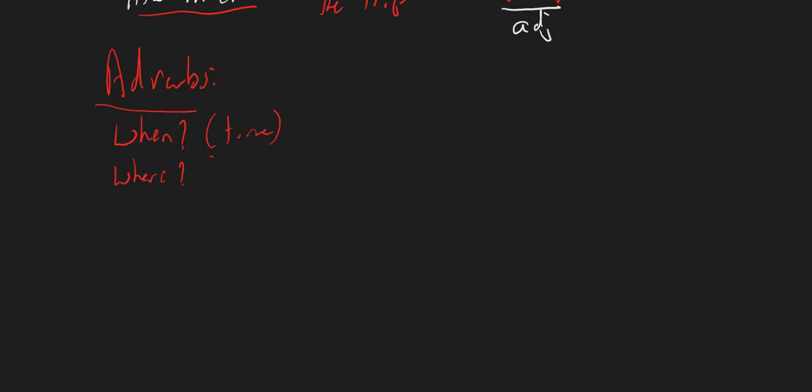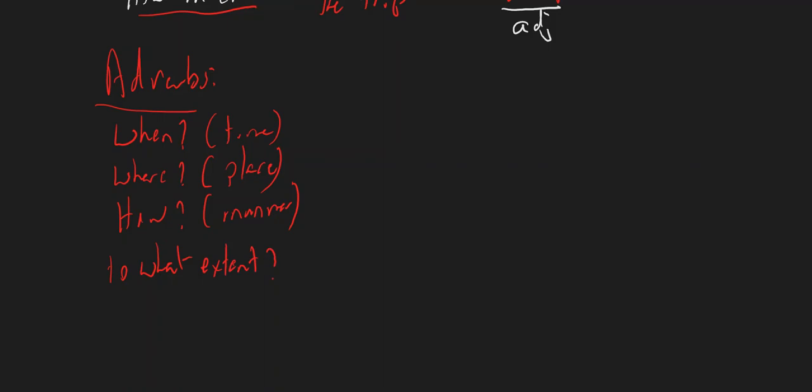And that's the adverb of place. How did it happen? Adverb of manner. The manner of happening. And to what extent did it happen?